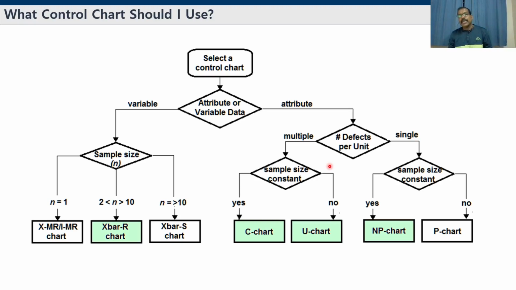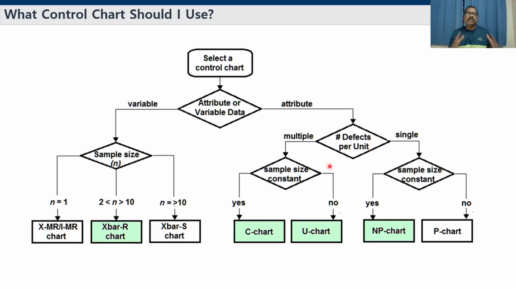Then in terms of attribute charts, if the number of defects is single, then you have to go with the np or p chart. Under that, for a constant sample use the np chart, and for a variable sample use the p chart. On the other side, if you have multiple defects per unit, you have to go with either the c or u chart.